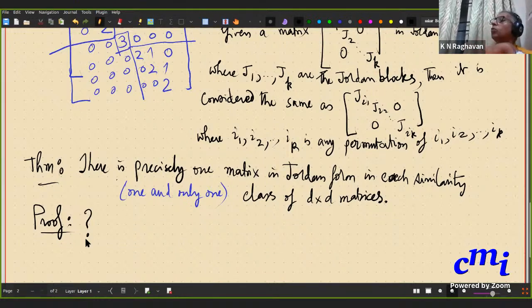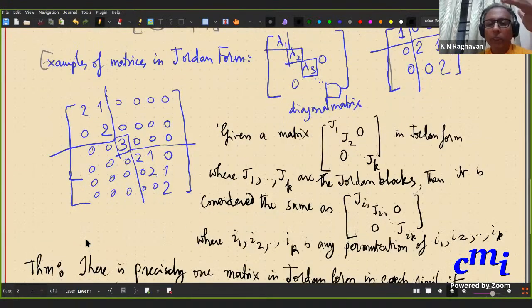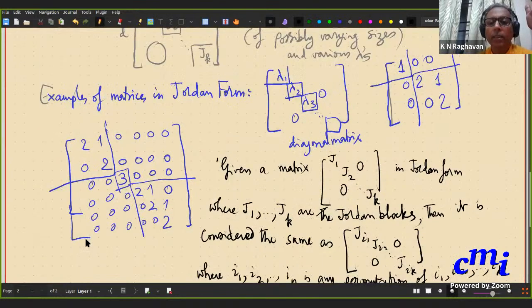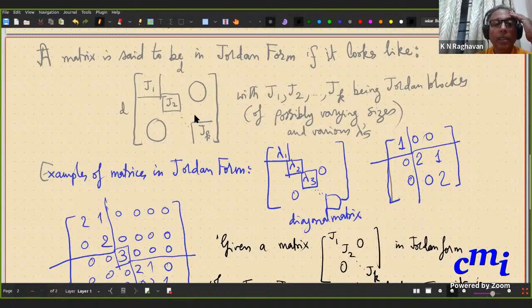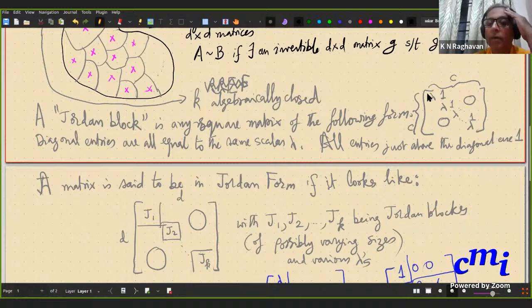Or can I prove, for example, okay, maybe for a start, can I prove that it is similar to an upper triangular matrix, for example, or matrices which maybe are not in Jordan blocks, but I have lambda on the diagonal.